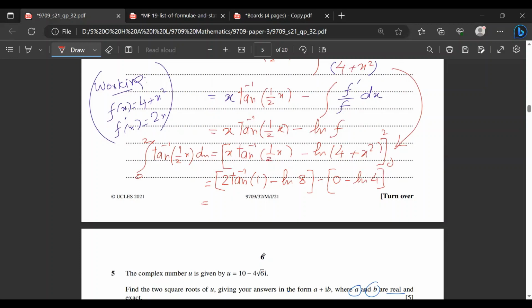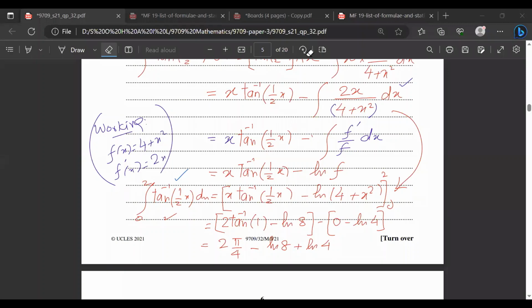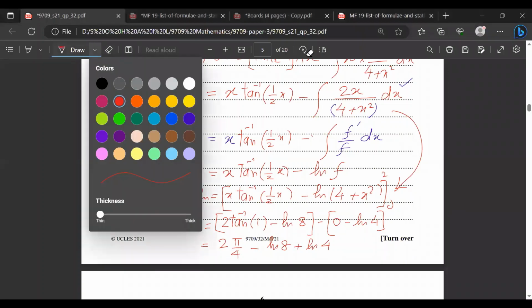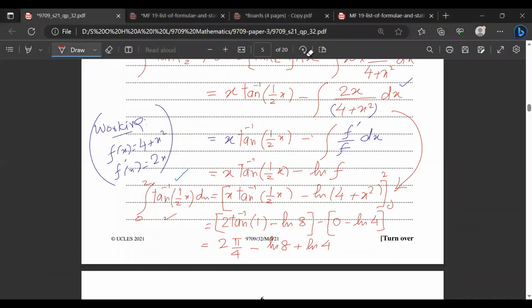Tan inverse of 1 is pi by 4. Using the radian mode of the calculator, you can get this answer. Minus natural log of 8 plus natural log of 4. Simplifying, you can write this equals pi over 2 minus, taking negative common, natural log of 8 minus natural log of 4.